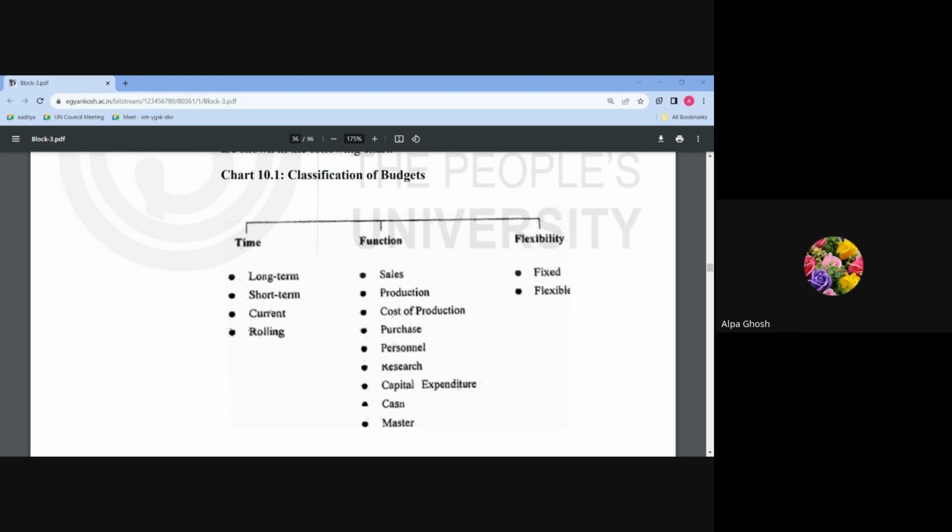Fixed budget never changes whatever is the condition. Flexible budget, it can be changed. Like variable cost changes with the output, with the units, same way flexible budget also changes, but fixed budget never changes. So these are the types of budgets that we do.